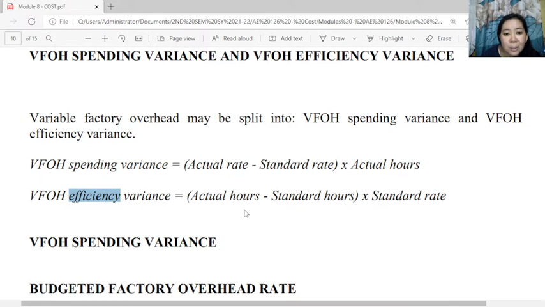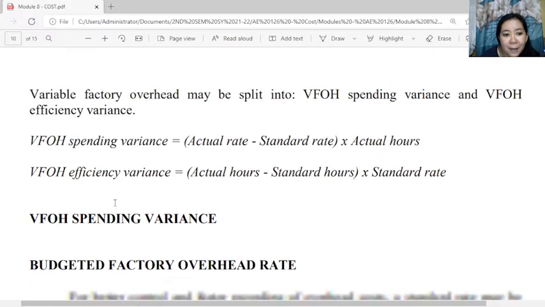That's why the variable that we use in our formula is the number of hours. So again, this is between the actual hours minus the standard hours, and then later on we will multiply it with the standard rate. Okay, so this is how we compute your spending and efficiency variances for variable factory overhead.